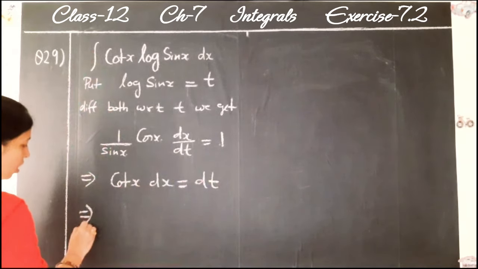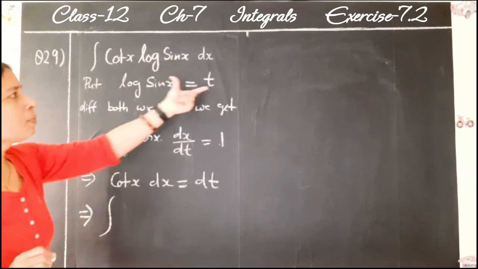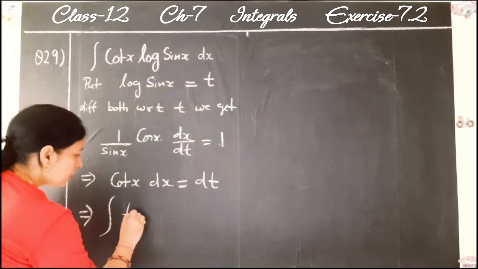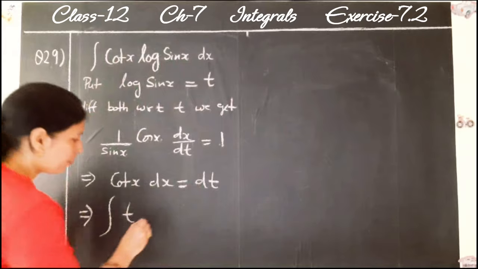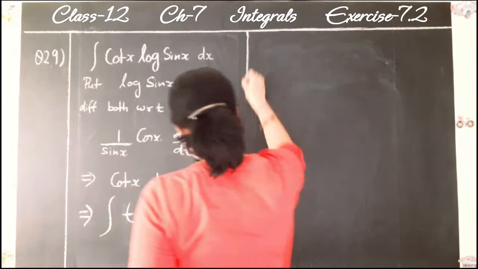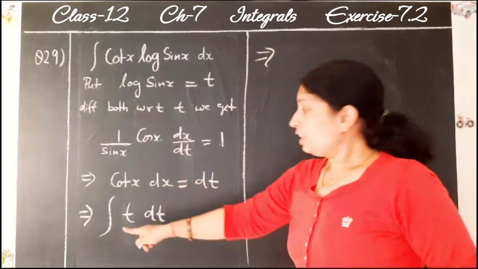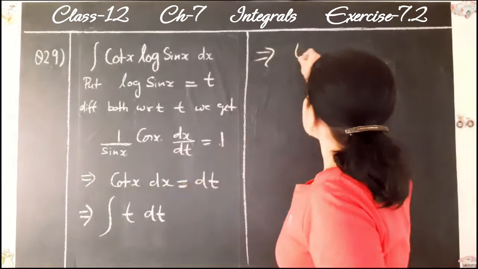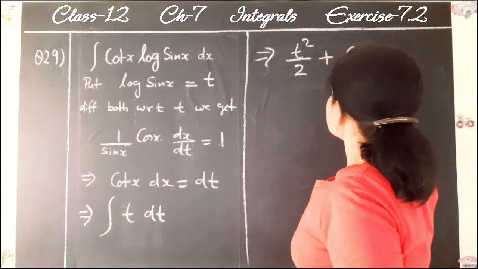Okay, so our integral becomes, in place of log sin x put t, and in place of cot x dx we can write dt, so it will be t dt. This one is in standard form. Now integrate. The integral of t will be, yes, t square by 2, and write a constant c.